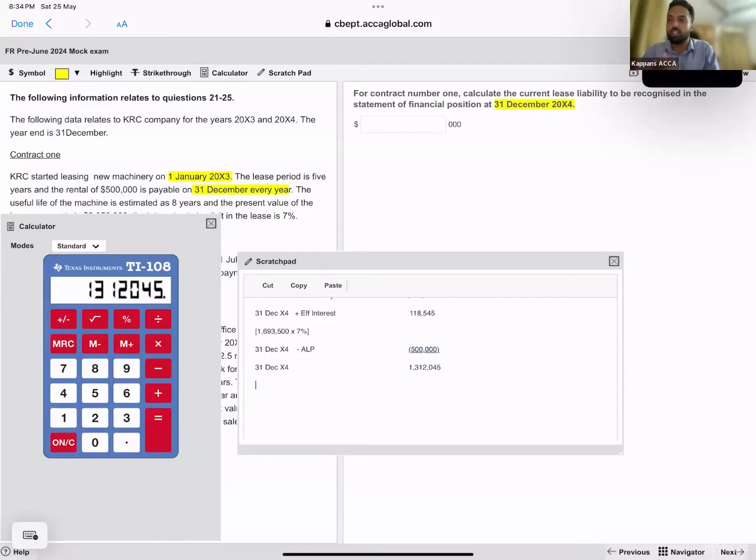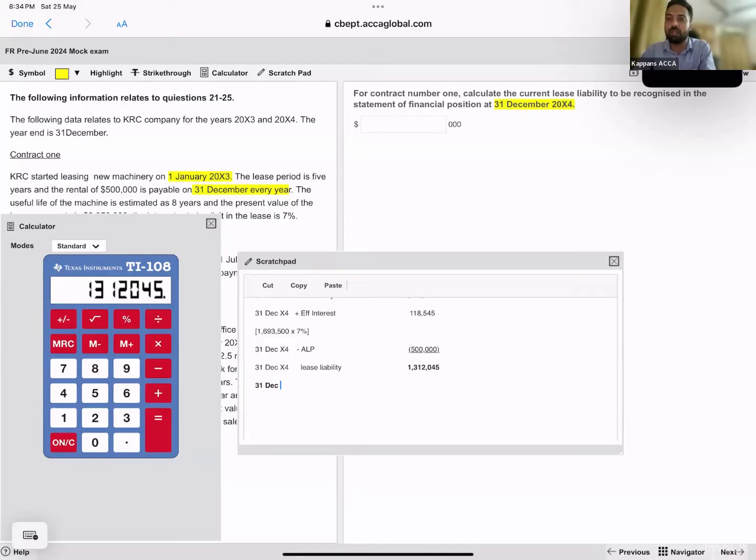Next, it's not over. This is the lease liability as on 31st December X4. Now what you have to do is that they're asking about the current liability on 31st December X4. The current liability will be the difference between this lease liability on 31st December X4 and the next year lease liability. So we have to move one more year forward.